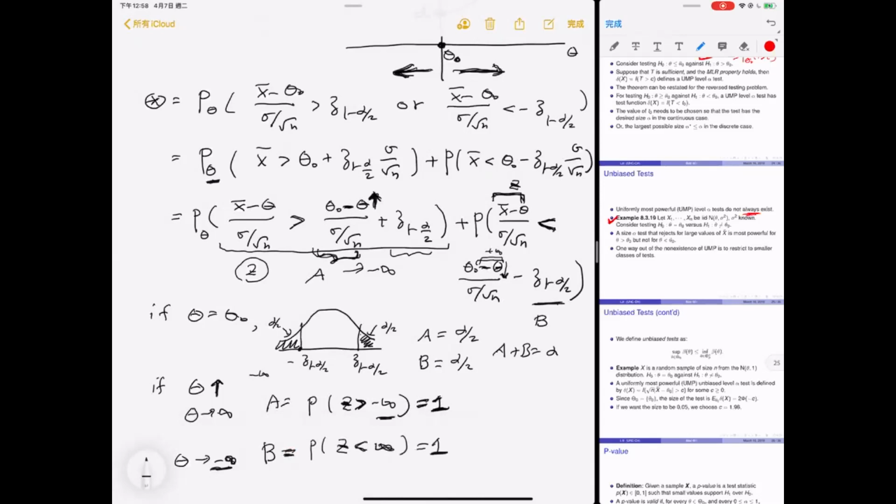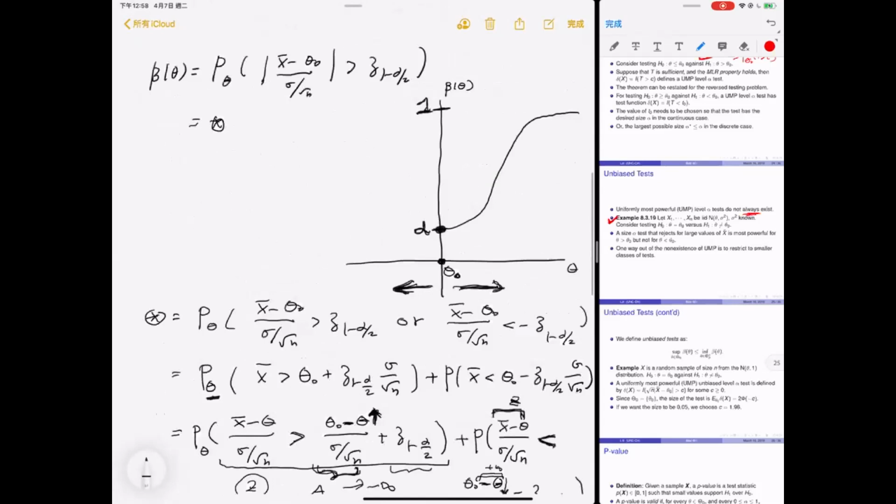So imagine that as soon as theta gets smaller and smaller, your power is actually increasing. So this is a rough power function of the test, very rough.